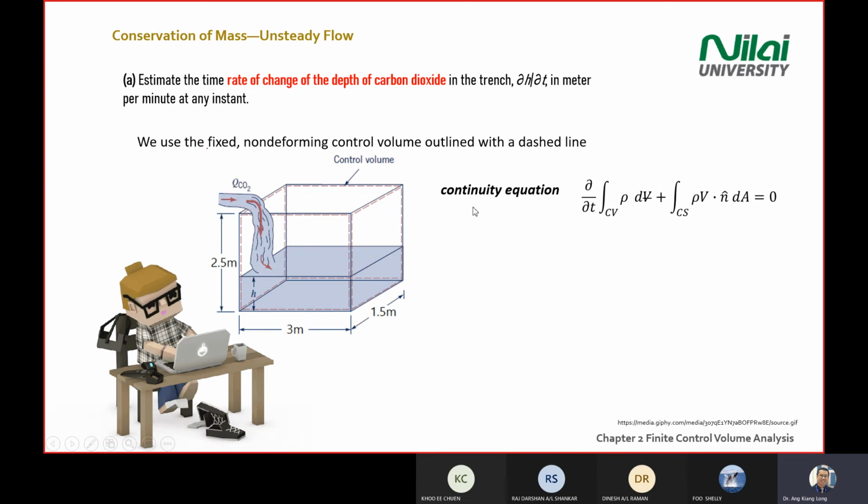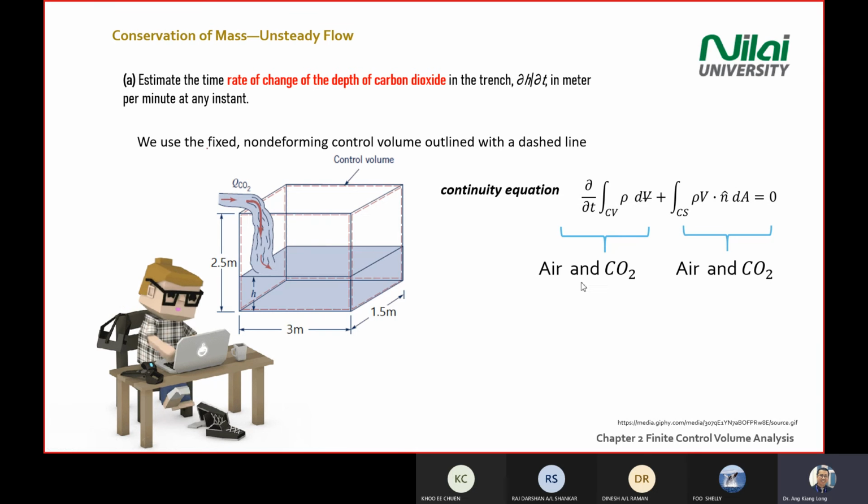As usual, we write the quantity equation: the integration over your control volume plus the integration over your control surface. Be careful with the volume and the velocity in the equation. We are using the continuity equation, so it equals 0. We need to be careful because we have two entities here, air and CO2.